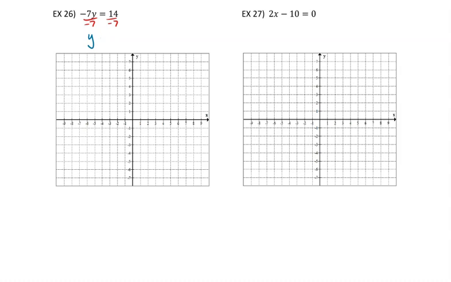My negative kind of blended in with my equals, so let me make that a little more pronounced. So to graph it, we're going to go down to -2 on the y-axis. Y equals is a horizontal line, so we just draw the horizontal line through it.